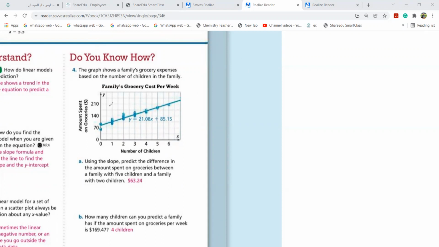First of all, even girls, is it written for you? y equals? Is this written for you? Okay, so they have given us the slope and they have also given us the y-intercept. We just have to substitute with family with 5 children and family with 2 children.